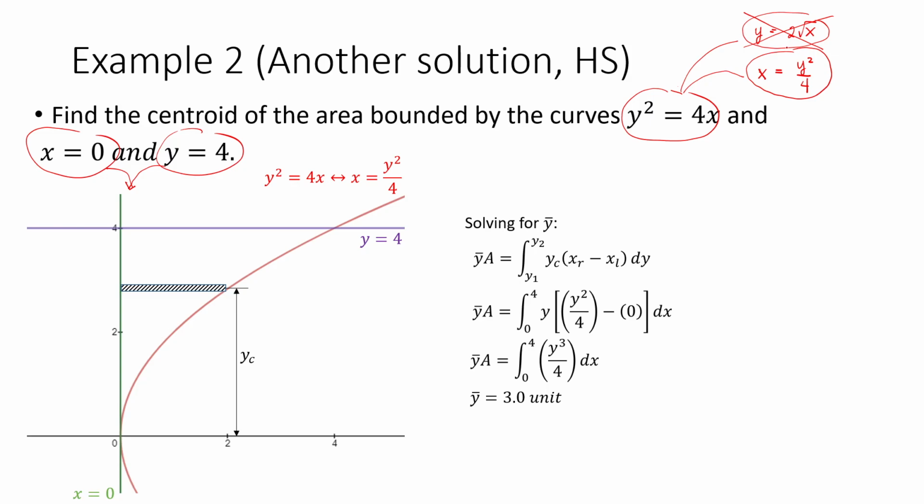So if you're going to recreate this problem, might as well go directly to the horizontal strip. Avoid the vertical strip because it will be dealing with radical expressions.